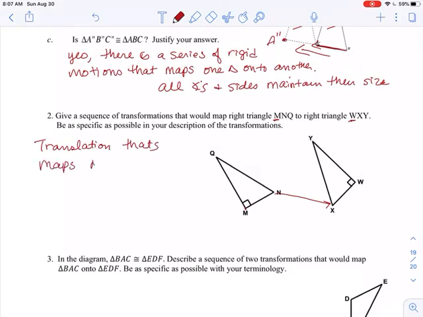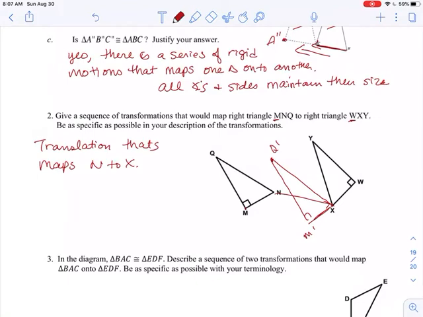A translation that maps N to X. Now, if I was to do that, N would now be down here. My Q would be sort of like right about here. I'm just going to sort of draw this. And my M prime would be down here, where my right angle is. So basically, I'm just shifting this triangle down so that I'm finally touching on a point.